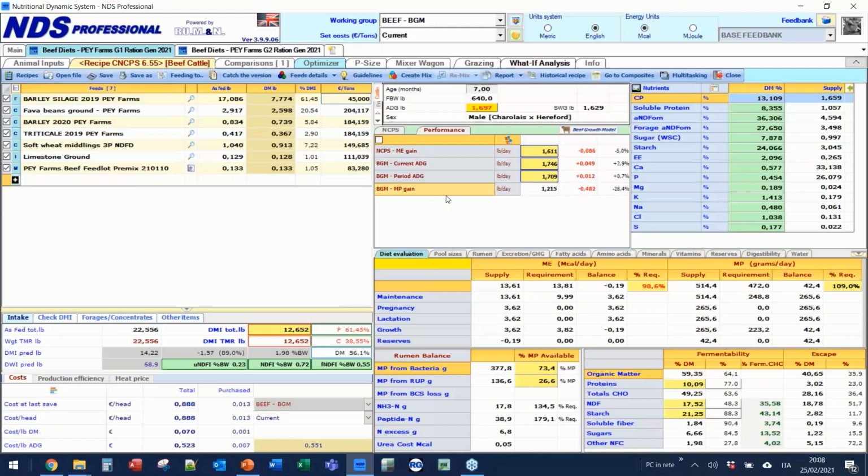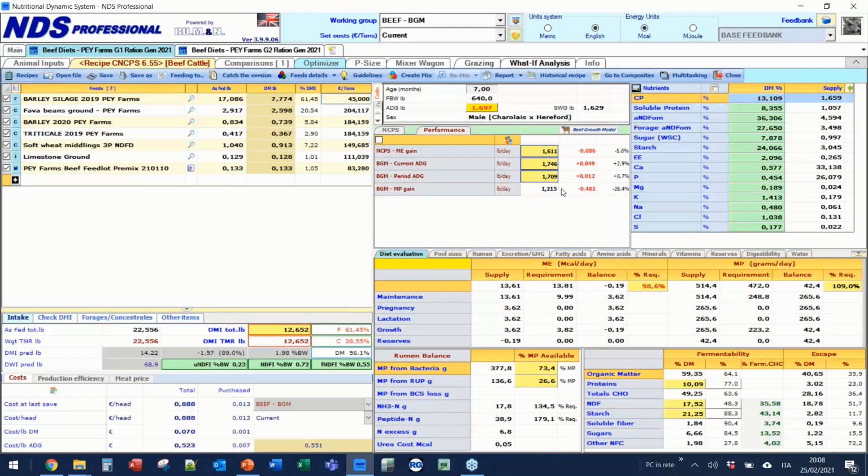A second prediction is called period average daily gain. That means that this prediction describes the average of the prediction over the days on feed, in order to compare this value with the CNCPS ME allowable gain.